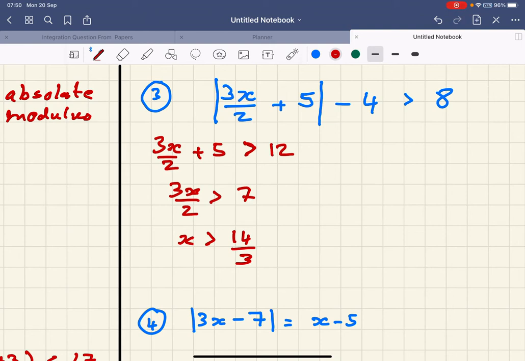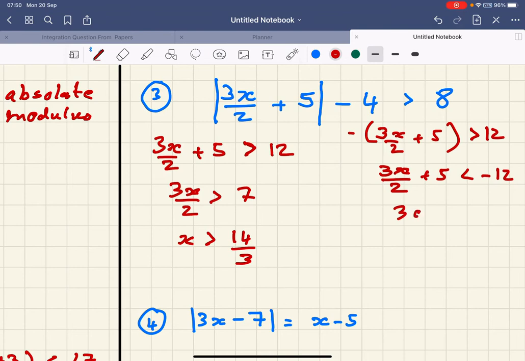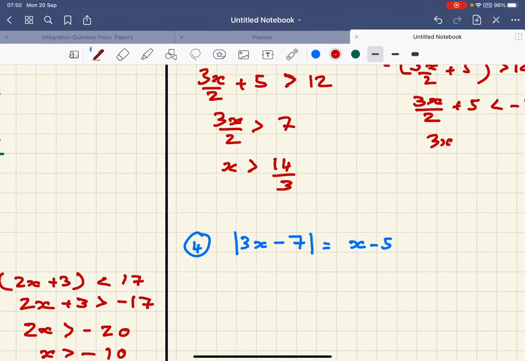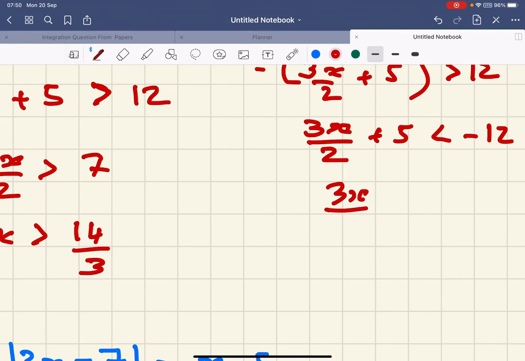Not a problem. Now on the other side, it would have been negative 3x divided by 2 plus 5 is greater than 12. And then we get the 3x over 2 plus 5. Switch that sign when we divide by the negative 1. So here we have 3x divided by 2 less than negative 17.